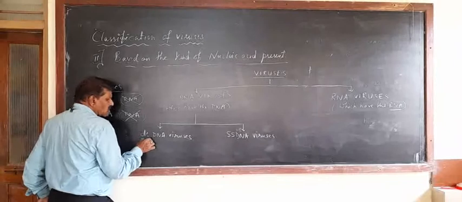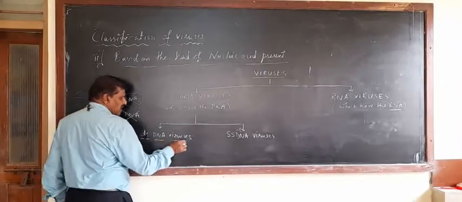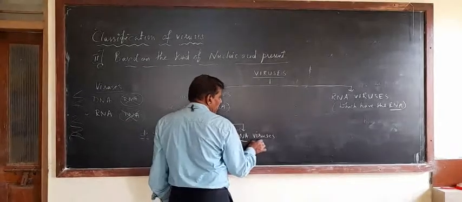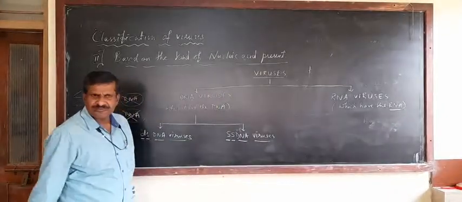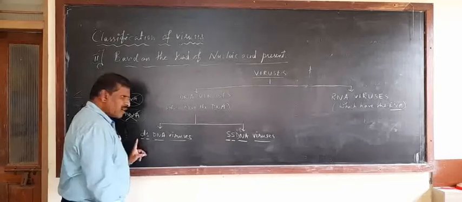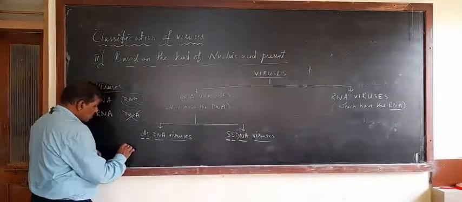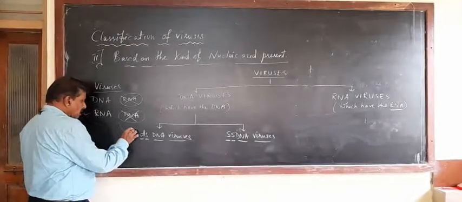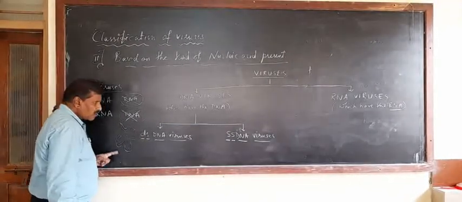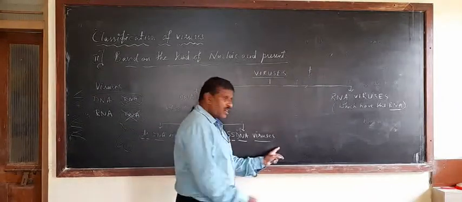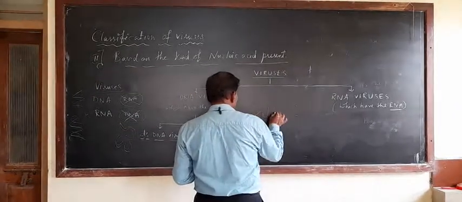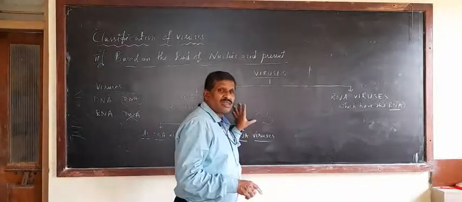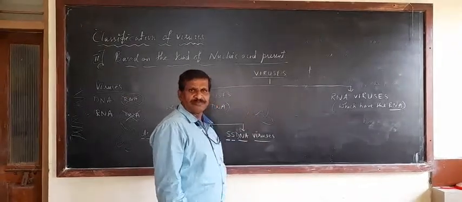DS means double-stranded DNA viruses. SS means single-stranded DNA viruses. Double-stranded DNA viruses have a DNA molecule with two strands present. In SS DNA viruses, the DNA has only a single strand.